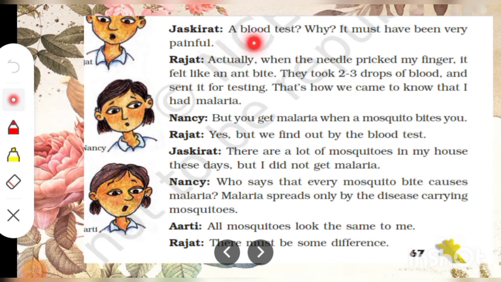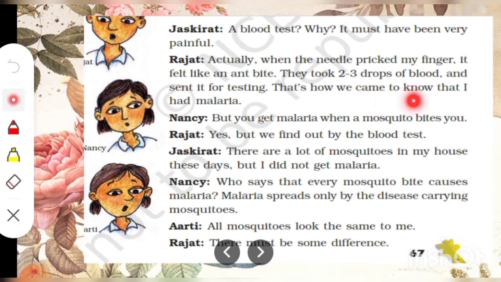Jaskirat: A blood test? Why? It must be very painful. Rajat: Actually, when the needle pricked my finger, it felt like an ant bite. They took 2 to 3 drops of blood and sent it for testing.